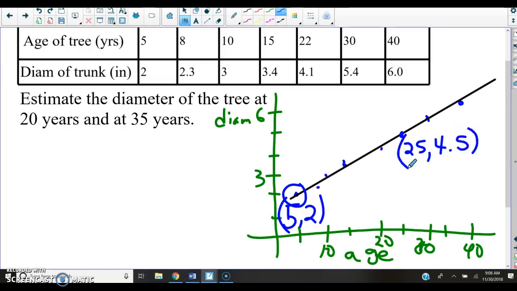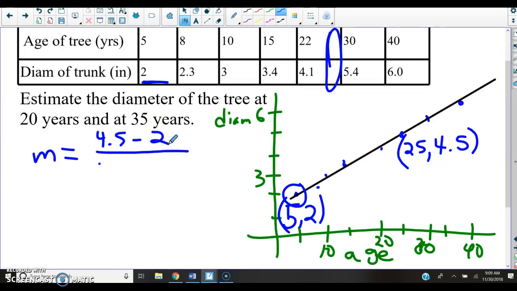But that's what I'm going to use. It doesn't have to be a data point. The 5, 2 was a data point. The 25, 4.5 is not. But I'm going to use that. So now when I find my slope, I find the difference of the y's over the difference of the x's.